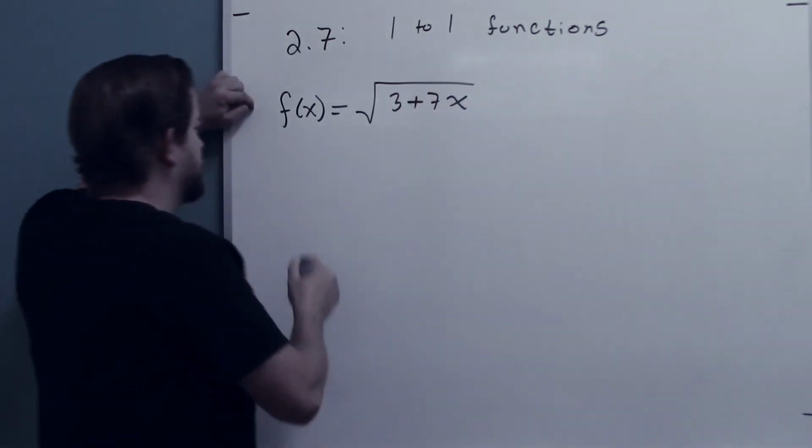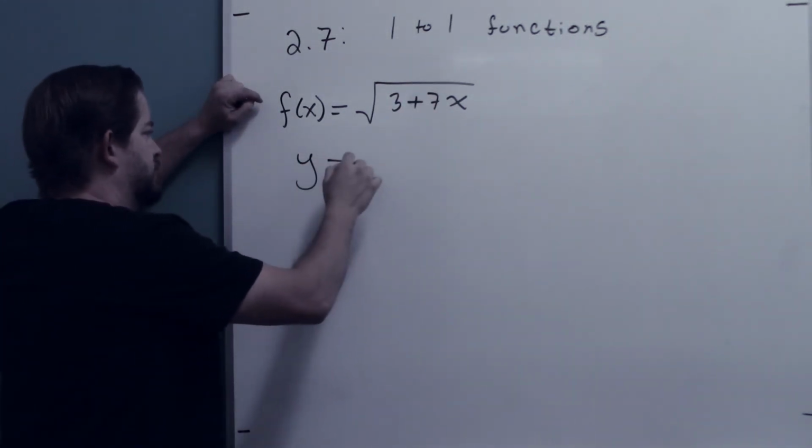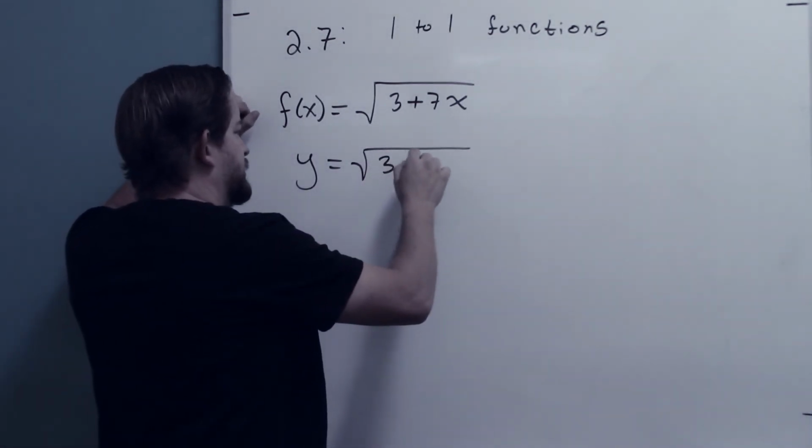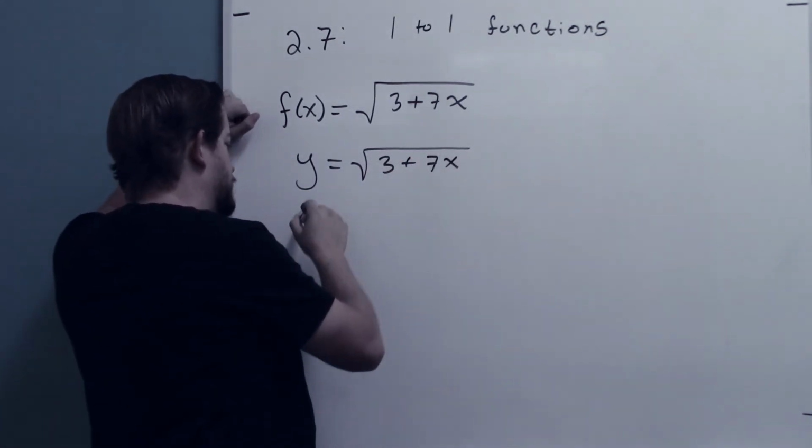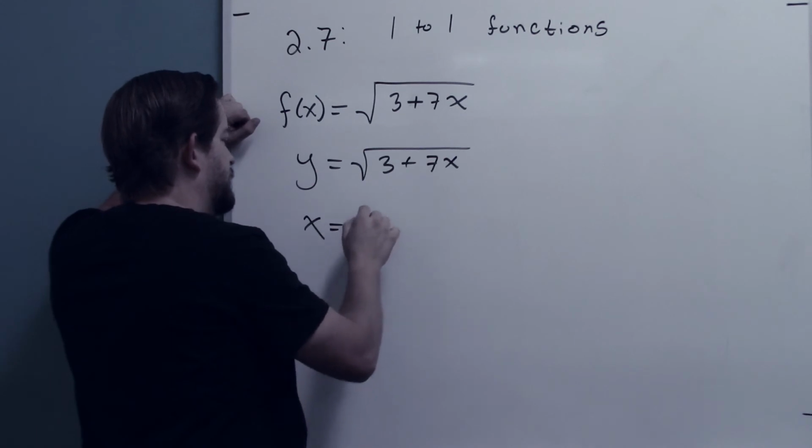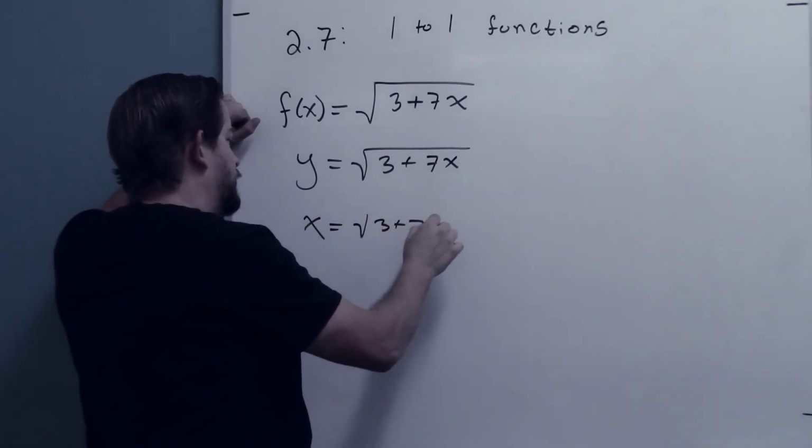Right. So again, I start off with y equals root 3 plus 7x, and then change. So x equals root 3 plus 7y.